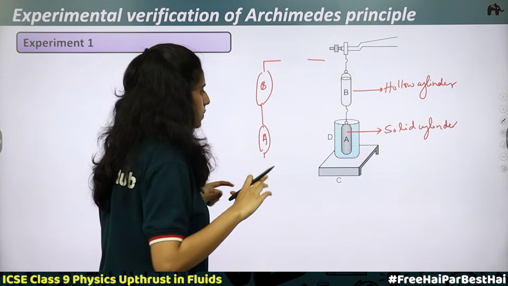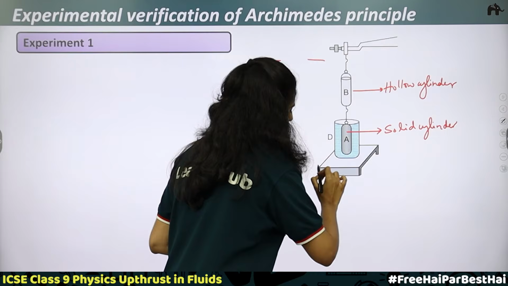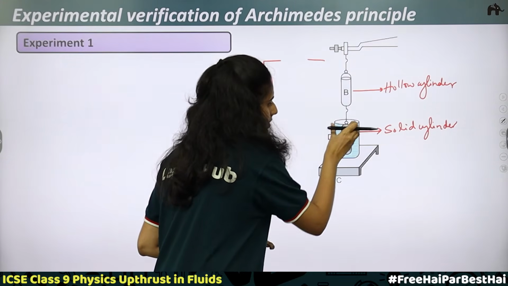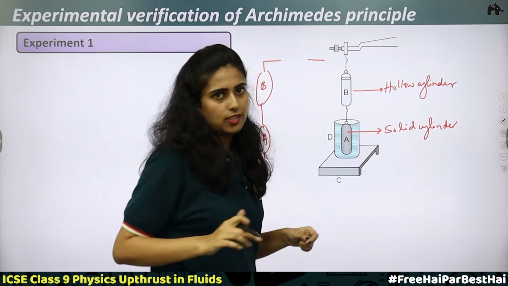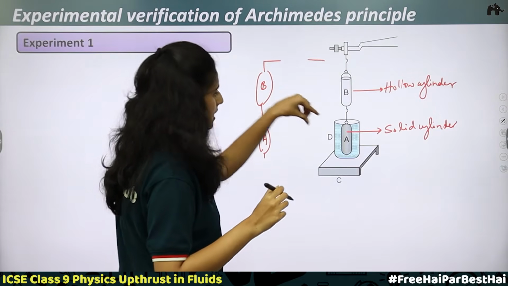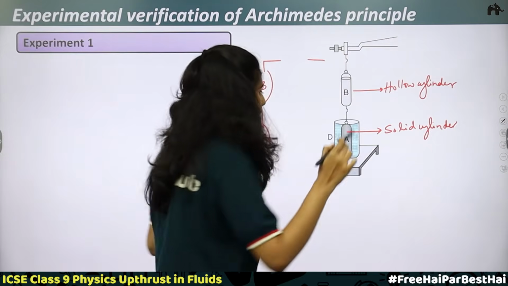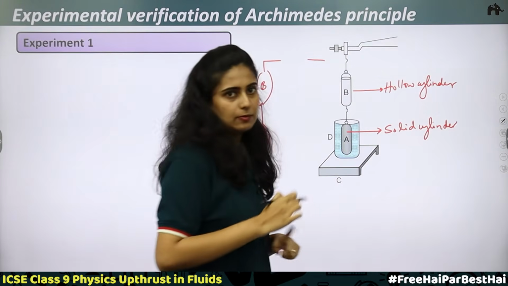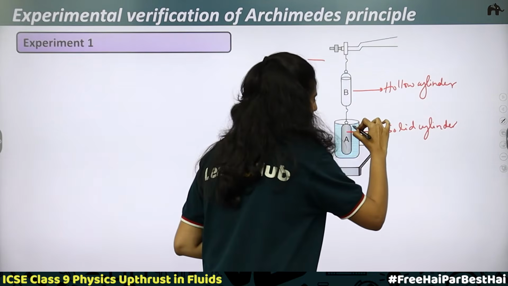Now what you are going to do is take a beaker D, and you have a surface C. You place this beaker D on C, filled with water. Then you put the cylinder A completely inside this beaker D. You have to be very careful that it doesn't touch the walls of beaker D. Then you will be able to see the water get displaced.